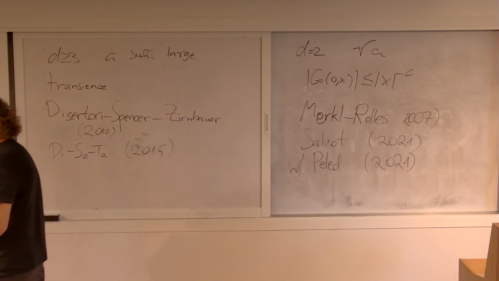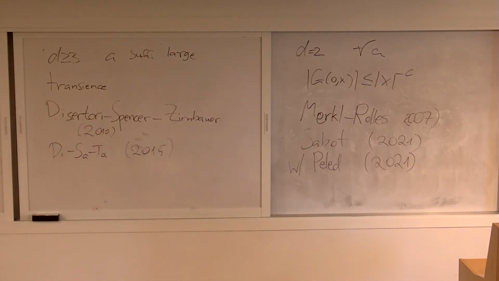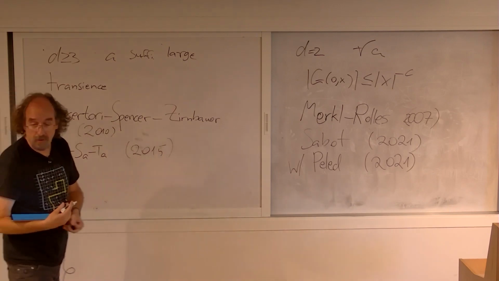And the main remaining open question is, in two dimensions, is it true that for any A, the large A are the interesting case, you actually have exponential decay? This is not known. This is the main outstanding question.